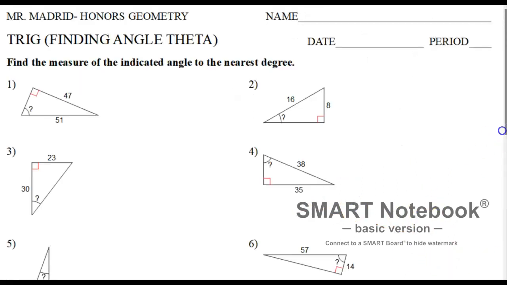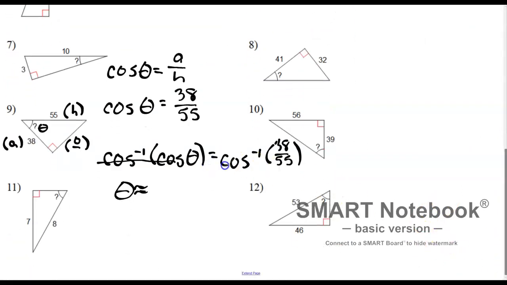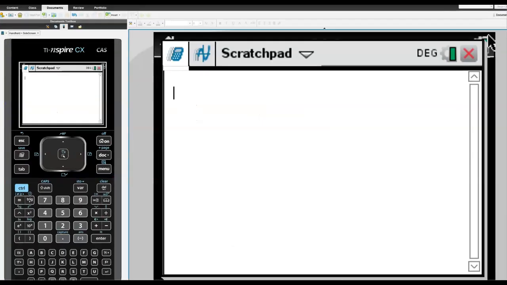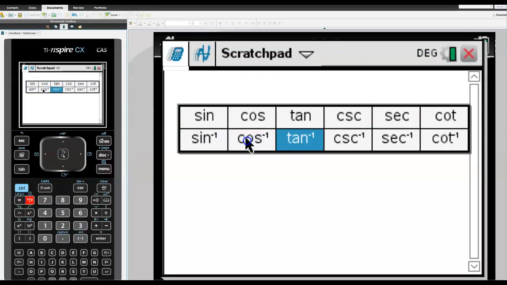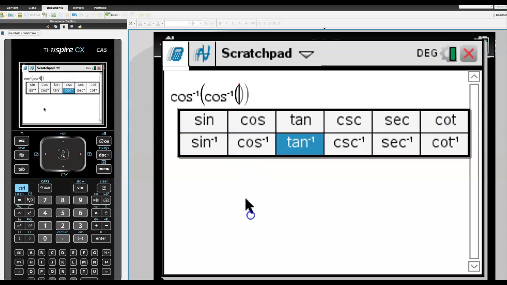Okay? Alright. So anyways, back to our problem. We're going to take cosine inverse 38 over 55 on the calculator. So we're going to hit trigonometry. Okay. Here we have cosine and cosine inverse. It's going crazy on me. Let me hit escape.